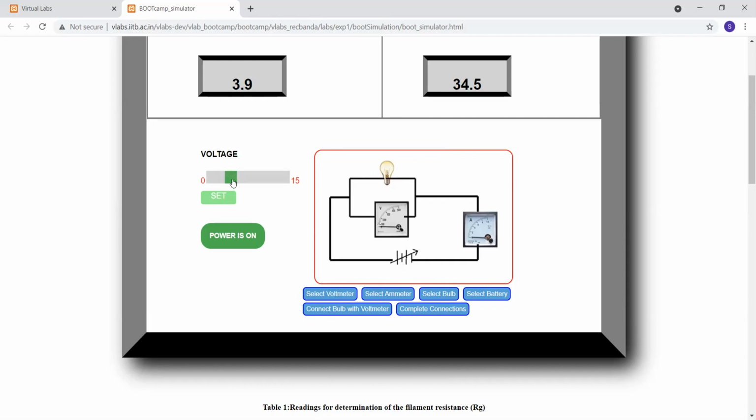Set the voltage to another value, 4.9, and the current is 39.5. Note down these readings.